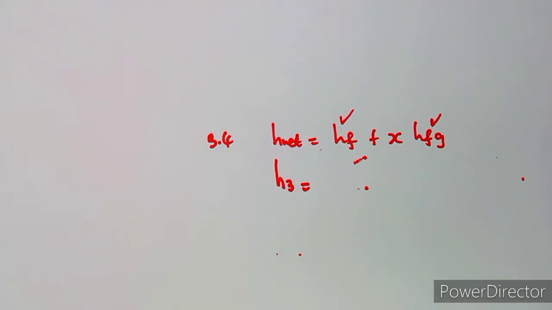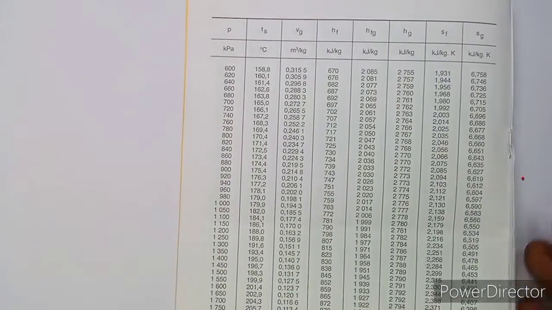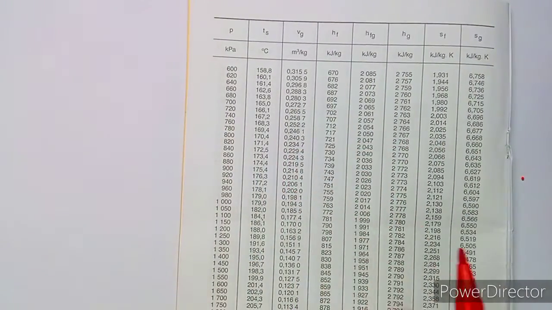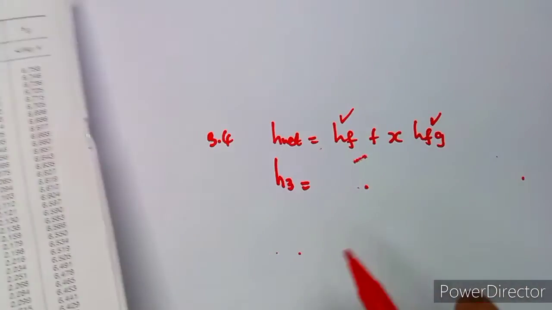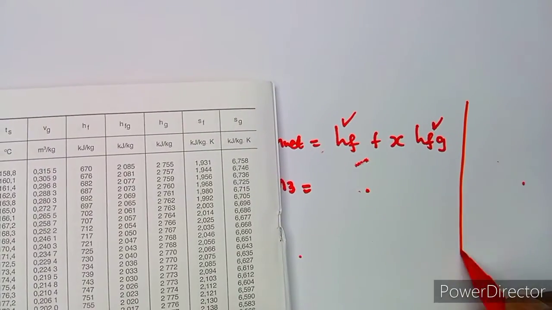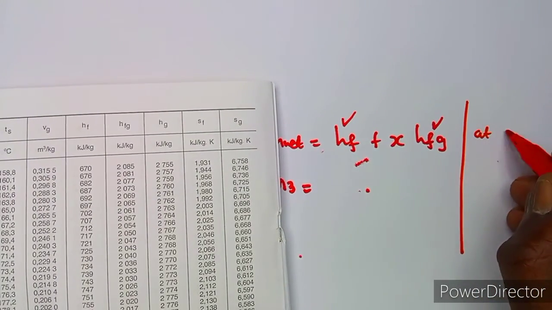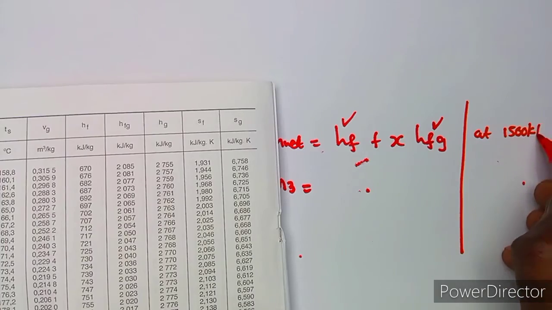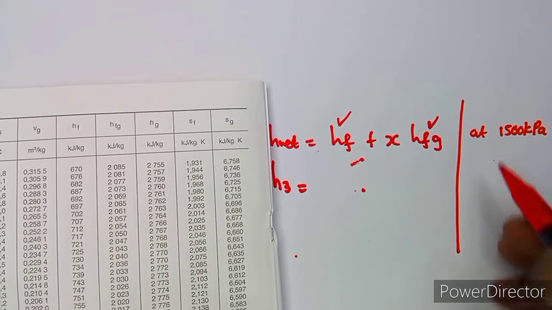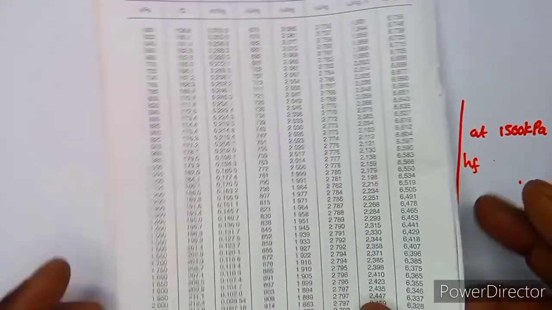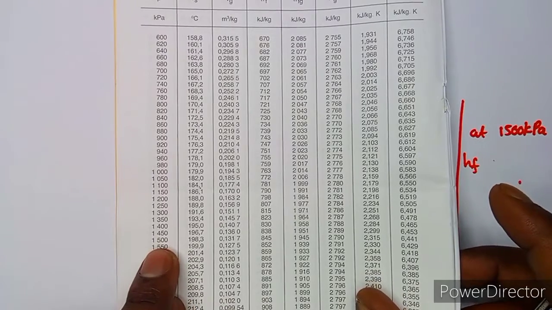At 1500, you are using the normal table, not the superheated one. What we need is hf at 1500 kilopascal.